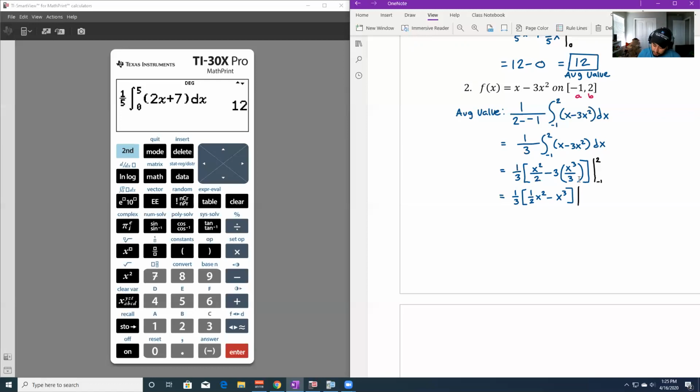Evaluated from -1 to 2. Okay. Last step, distribute that 1/3. And 1/3 times 1/2 is 1/6 x squared minus 1/3 x cubed from -1 to 2. We are now ready to calculate this.